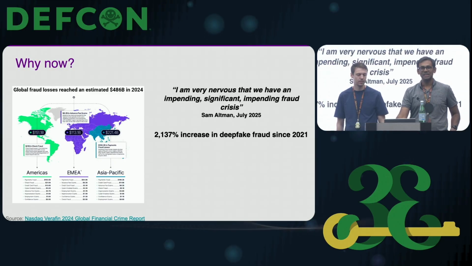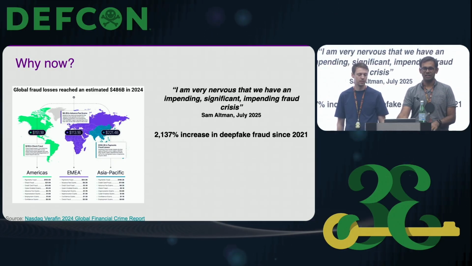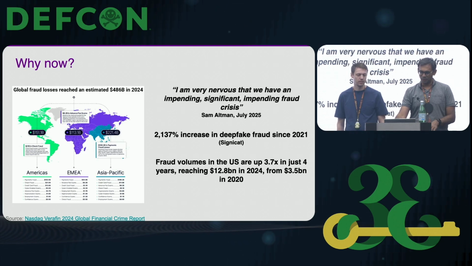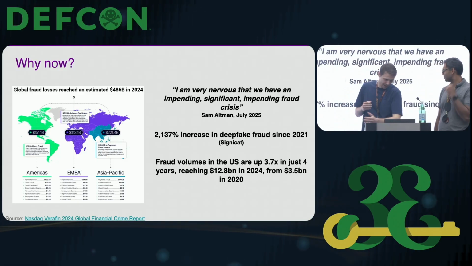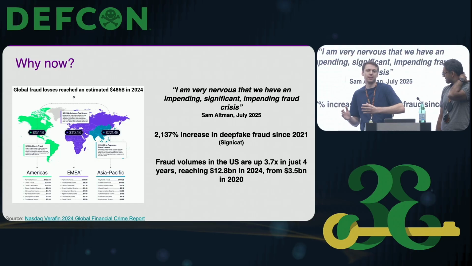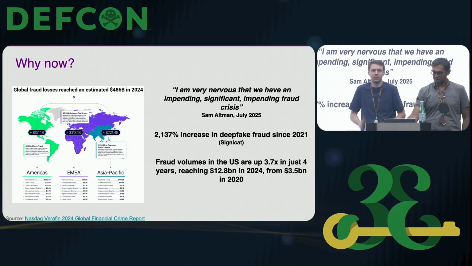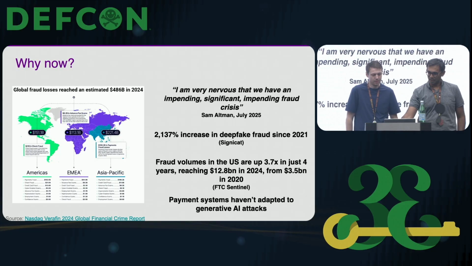So, a 20x increase in deepfake fraud, and fraud volumes in the US up 4 times in 4 years. That discrepancy between the right-hand and left-hand numbers is reported versus the assumed size of the problem, when you consider all the unreported fraud as well.